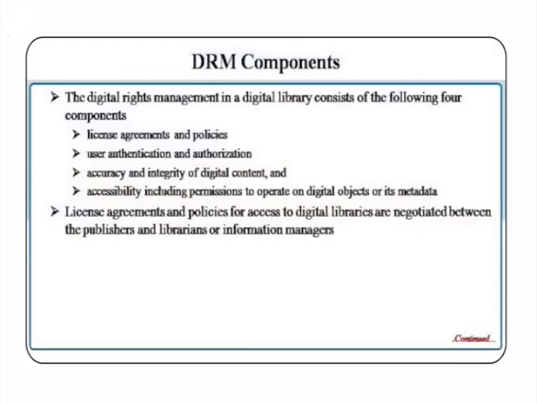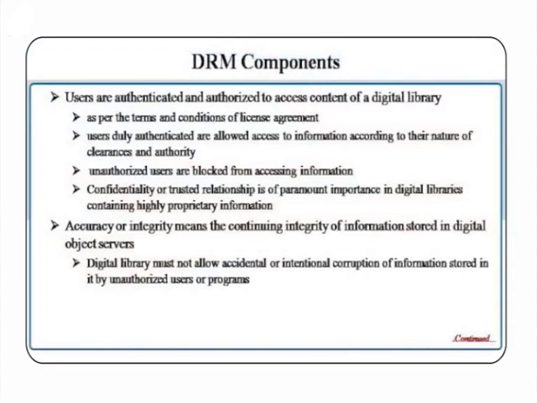The digital rights management in a digital library consists of the following four components: license agreement and policies, user authentication and authorization, accuracy and integrity of digital content, and accessibility, including permissions to operate on digital objects or its metadata. License agreements and policies for access to digital libraries are negotiated between the publishers and the librarians or information managers.